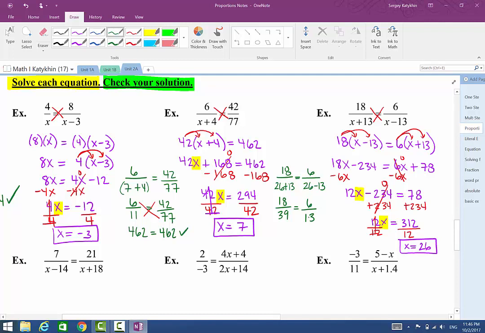So now the question, what is 18 times 13? Well, that's 234. Well, what's 39 times 6? That's also 234. So as you can see, we do get an equivalent left side and right side.